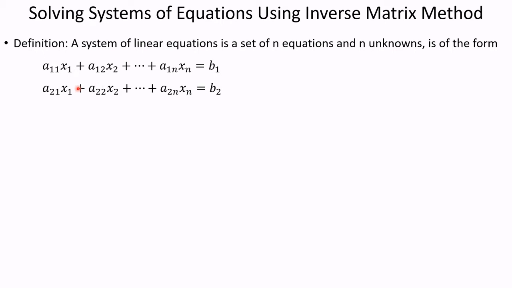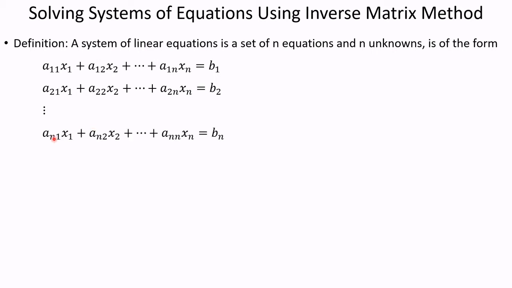Similarly, the second equation can be written as a21 x1 plus a22 x2 plus etc. up to a2n xn equals b2. Like that, we can write a number of linear equations with coefficients, unknowns and constants.